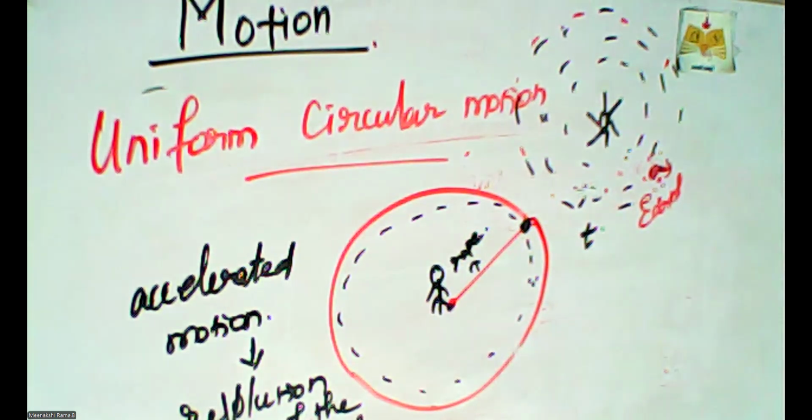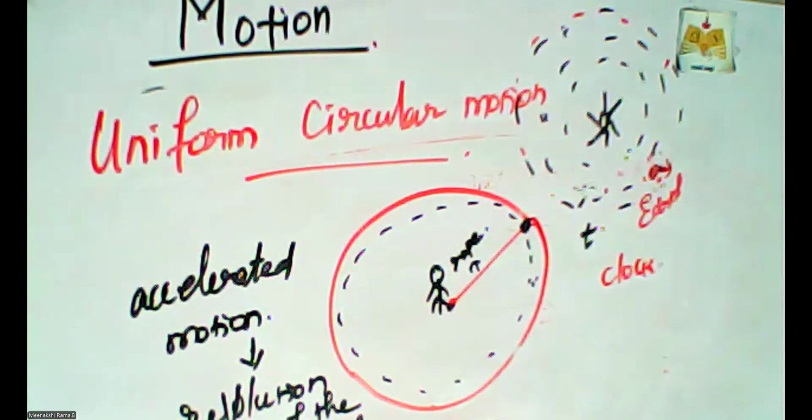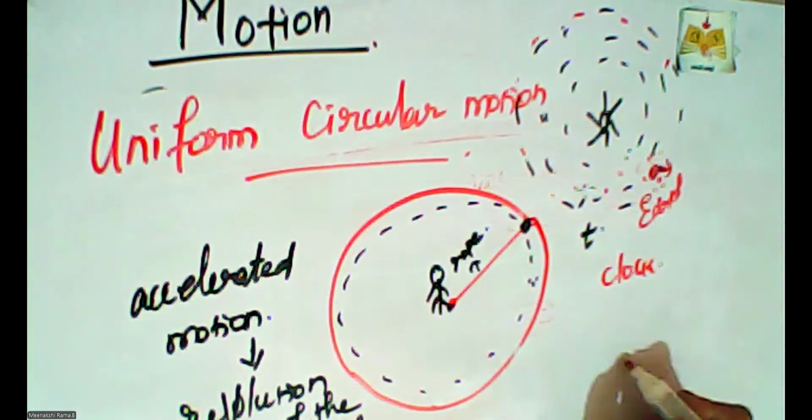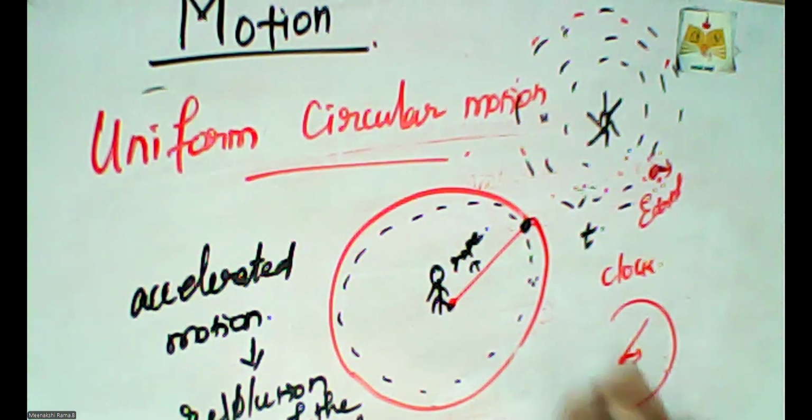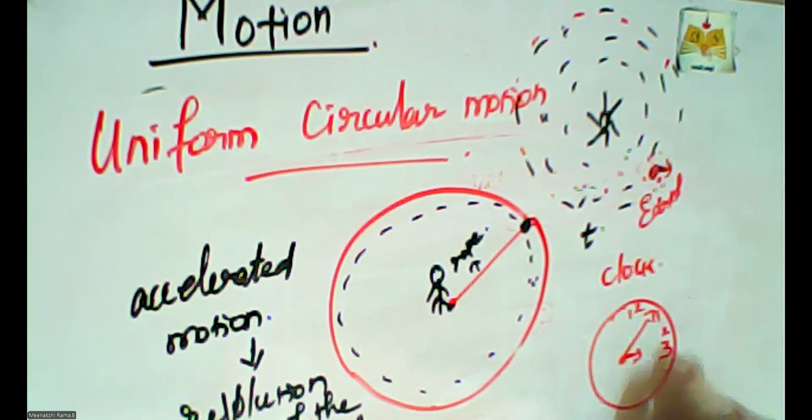And one more example: the clock. In a wall clock, yes, there are two hands. One is the hour hand, another one is the minute hand.